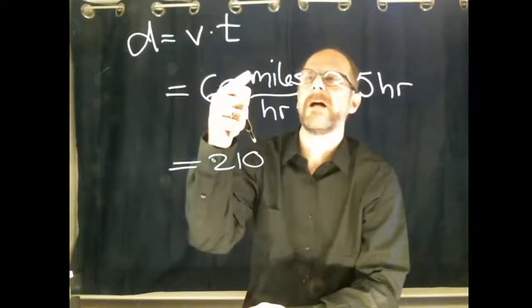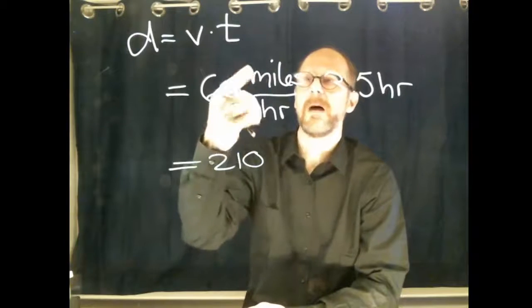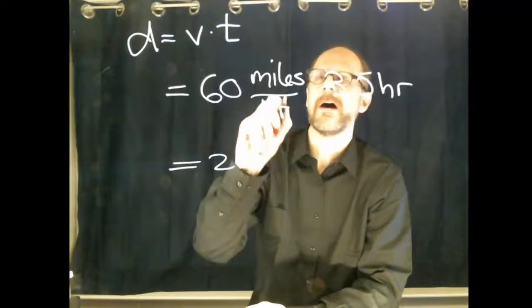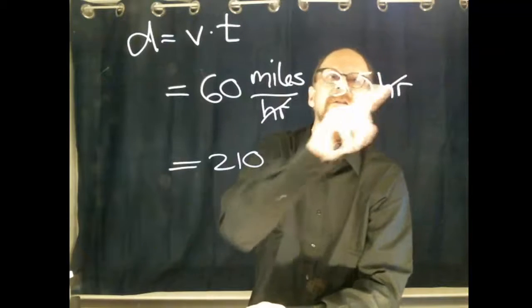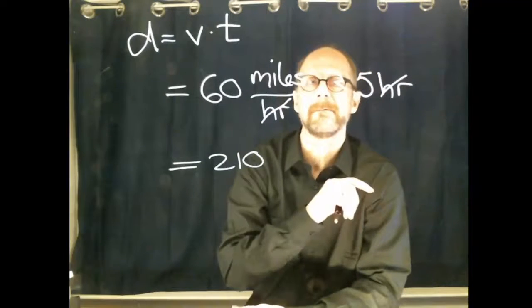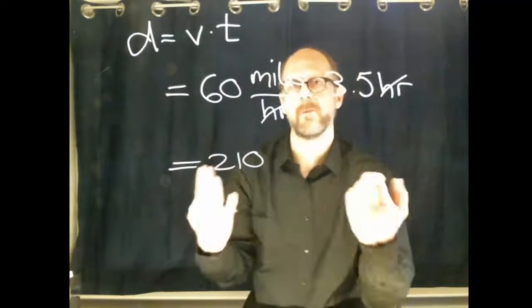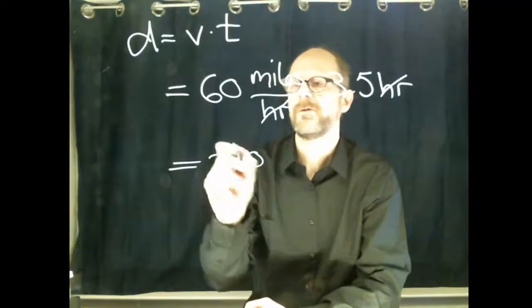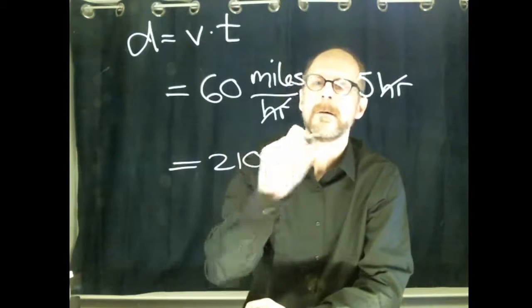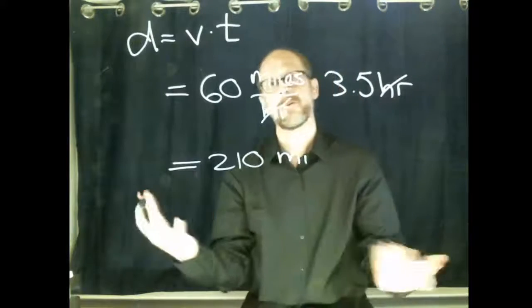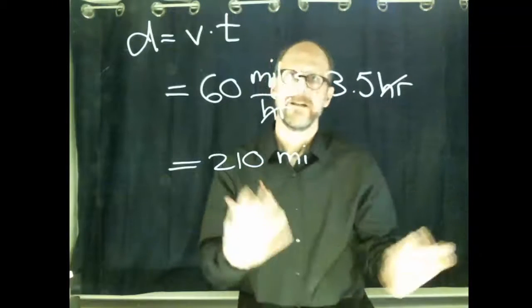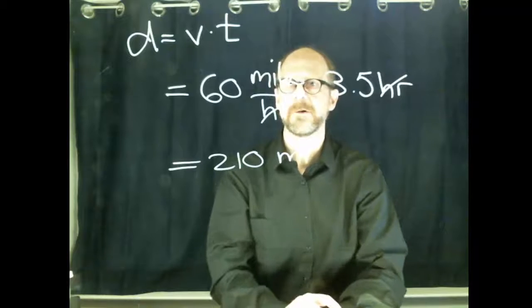And notice it's miles divided by hours. Miles per hour times hour. The hours cancel because this one's on top, this one's on bottom. So you have hours over hours, and that's just 1. You can ignore that. So 210 miles is how far away the beach is if we say it takes 3.5 hours to get there at typical highway speeds.